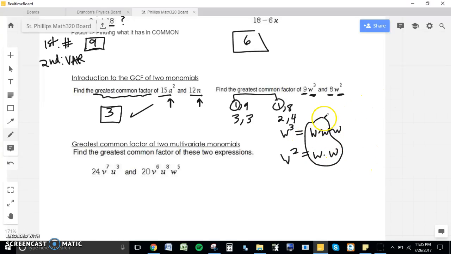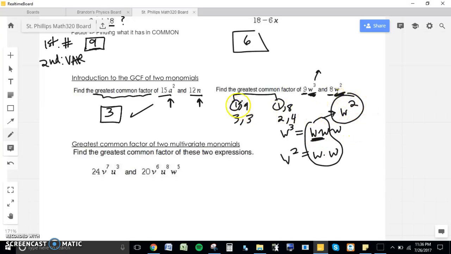And what's w times w? W squared. So guess what these guys have in common? W squared. Because w cubed has a w squared hiding inside of it. And this guy has a w squared, so at most, what do they have in common? 2 of those w's, which give us w squared.